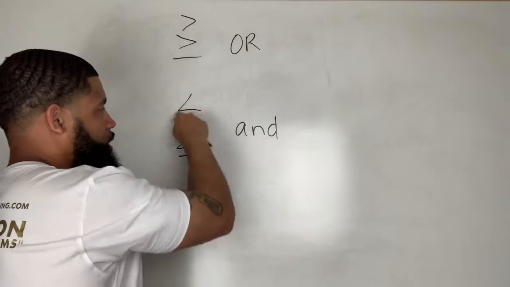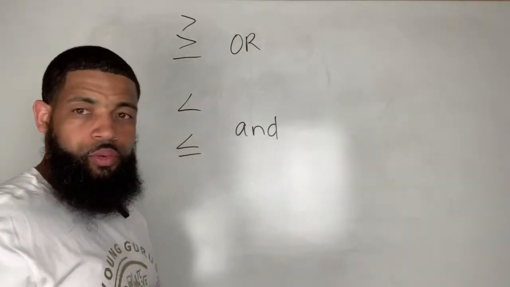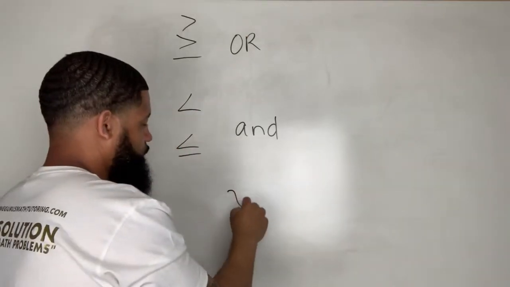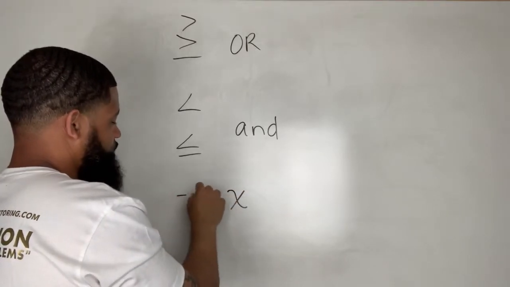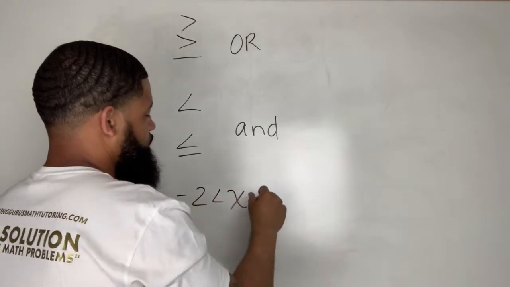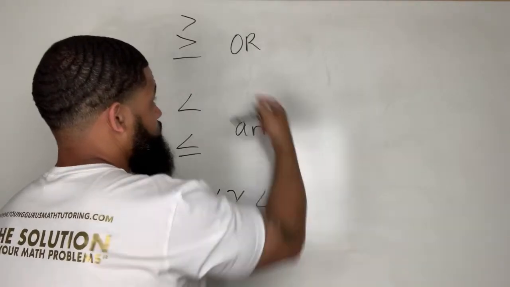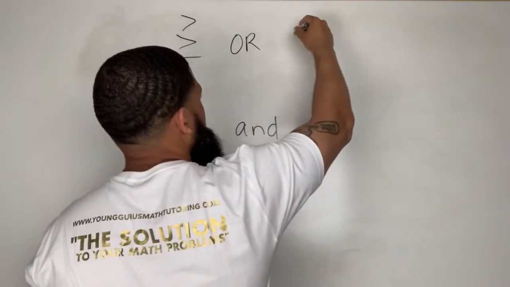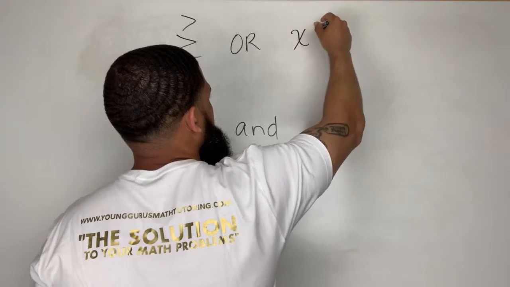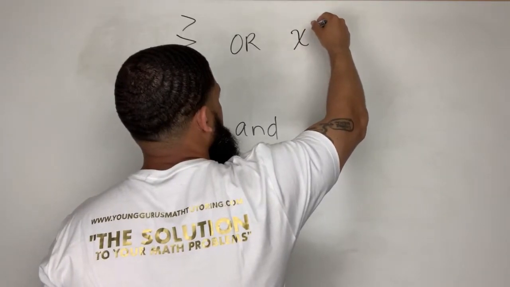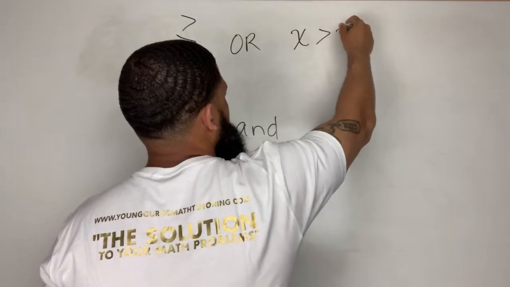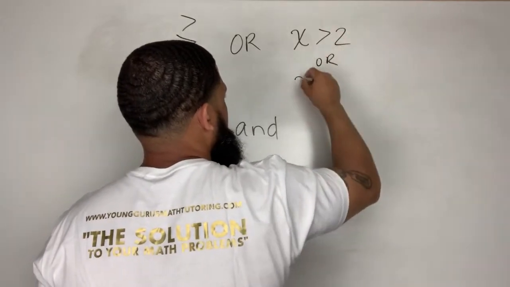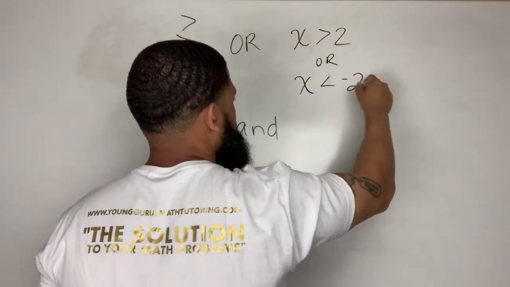If I have less than or equal to, then you want to have something like, let's say negative 2 is less than x is less than positive 2, versus this one, where we took off the absolute value, so we would say x is greater than 2 or x is less than negative 2.